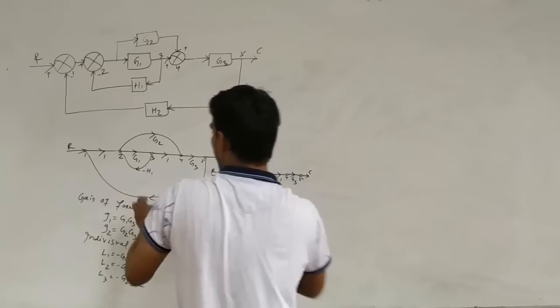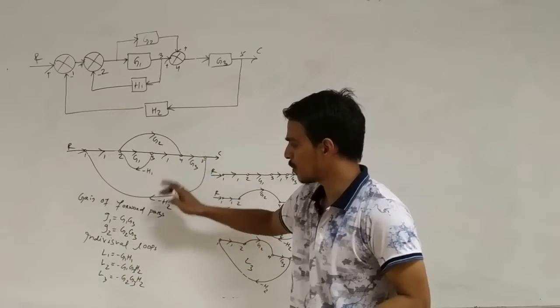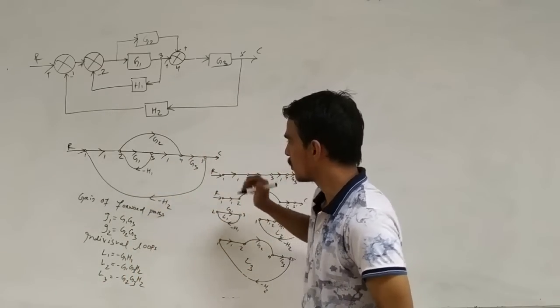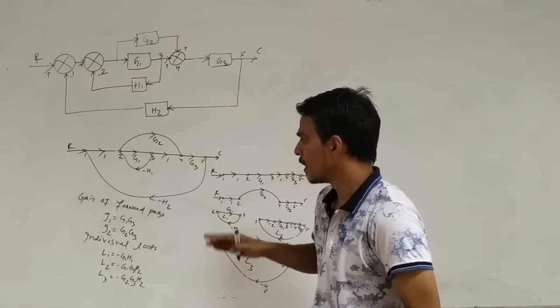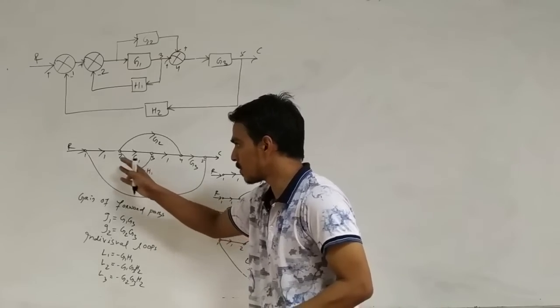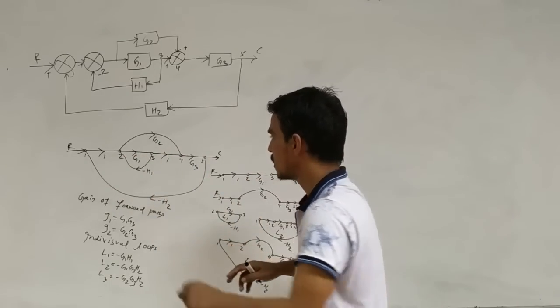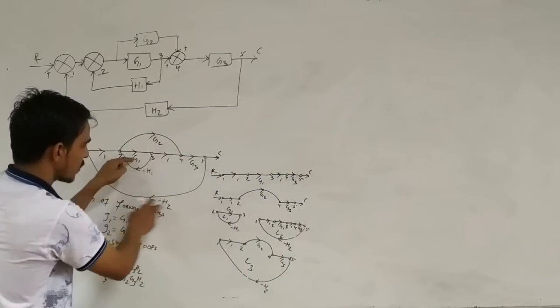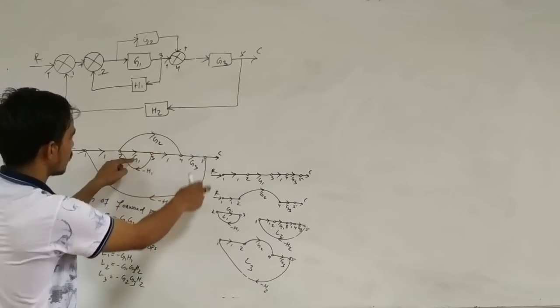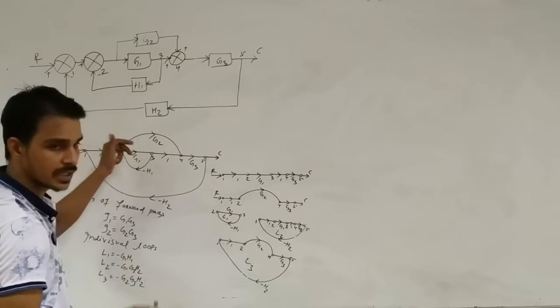Okay, if there is any other loop existing, no, only 3 individual loops are there. Now we have to consider if there is any existence of 2 non-touching loops. See, this one is one loop, and this is another loop, and this is another loop. So all are connecting to each other.